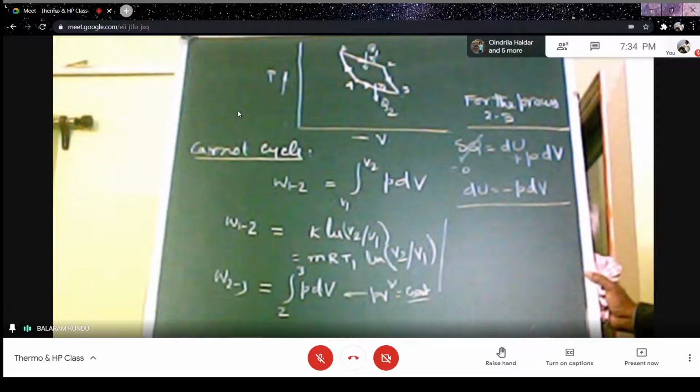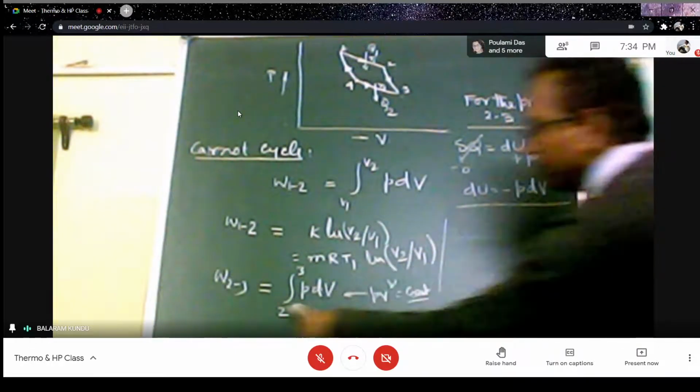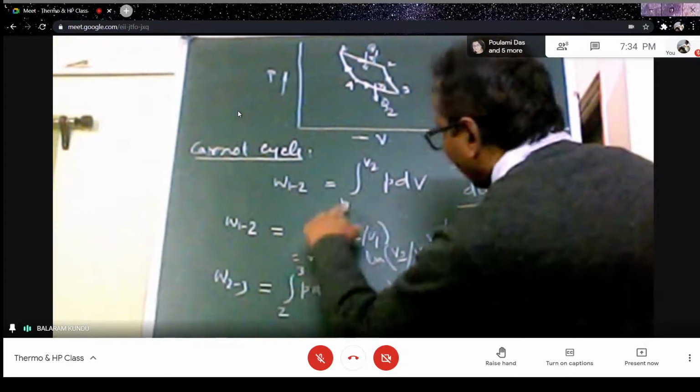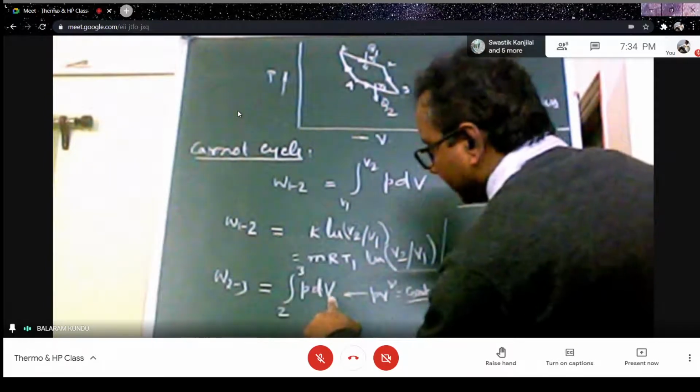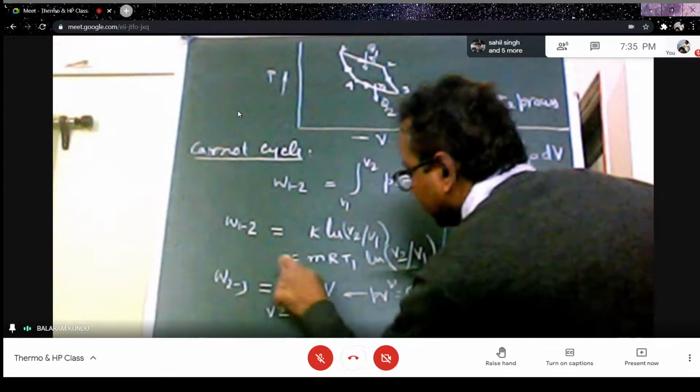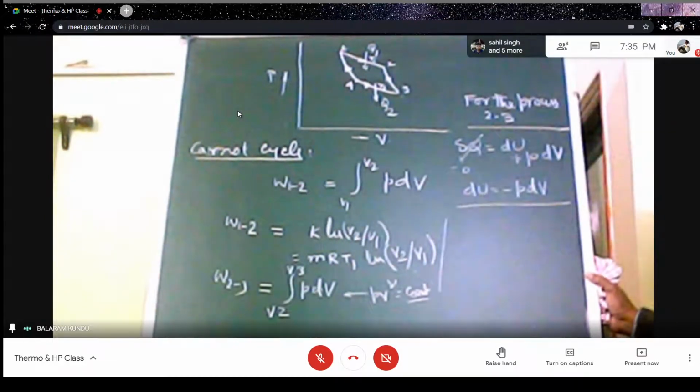So here, for this process 2 to 3, dV has been mentioned, so you can say limits V2 to V3.